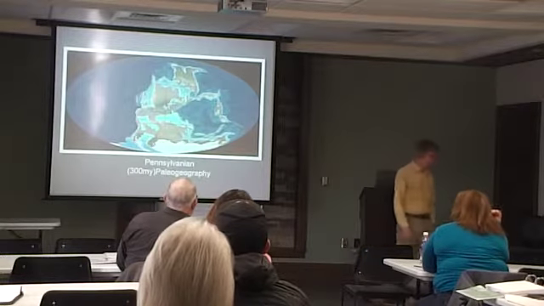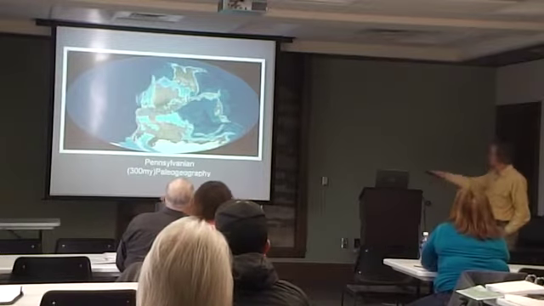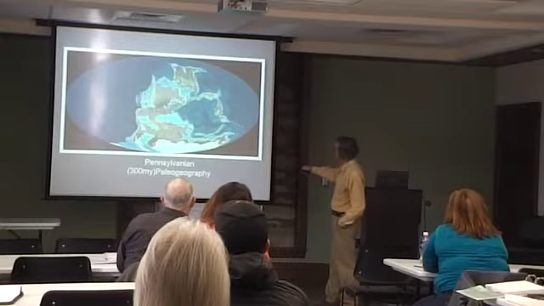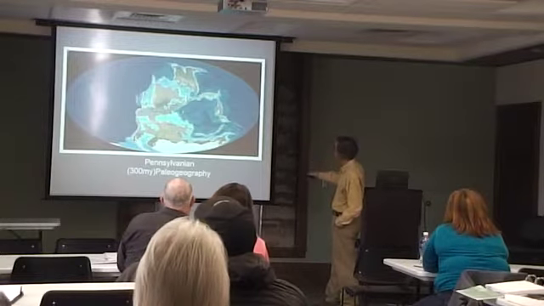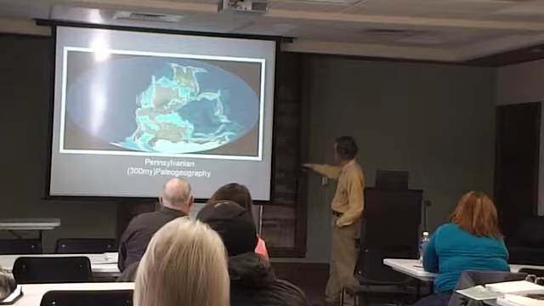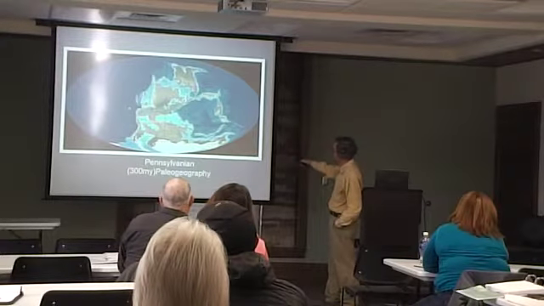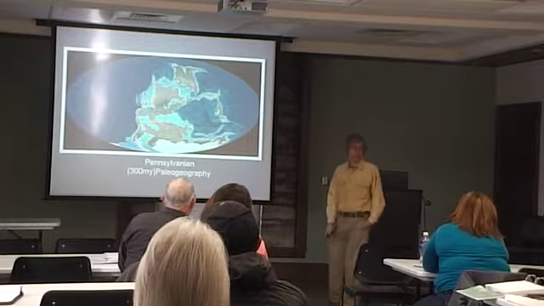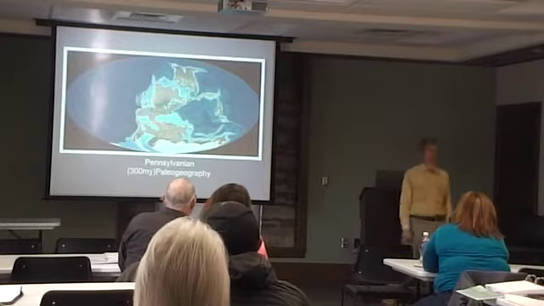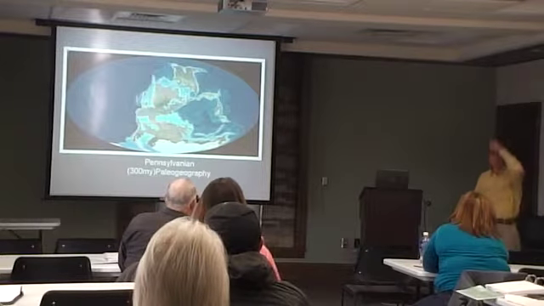At this time, this was the end of what's called the assembly of Pangaea, with a single supercontinent. What's now Africa and Europe had collided against what's now North America and pushed up this giant range of mountains, much like the Himalayas, except much longer. It's actually a much more extensive mountain range than the Himalayas are.